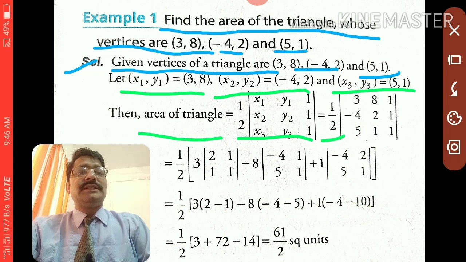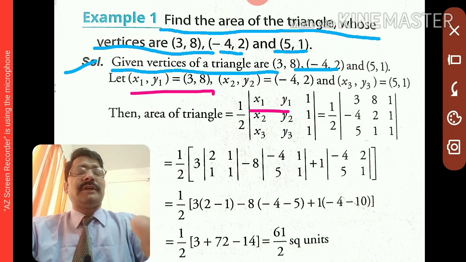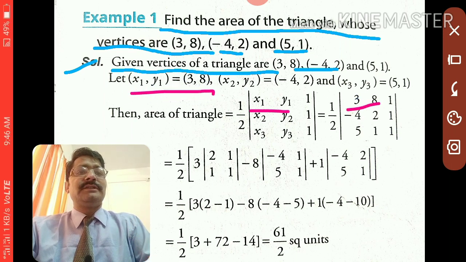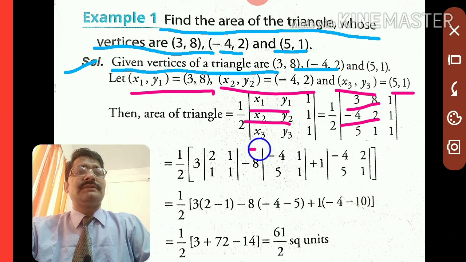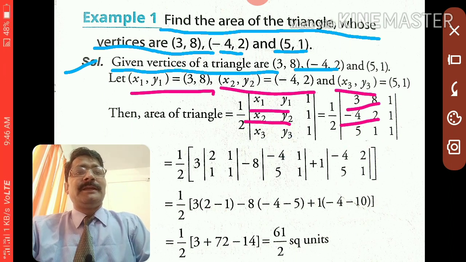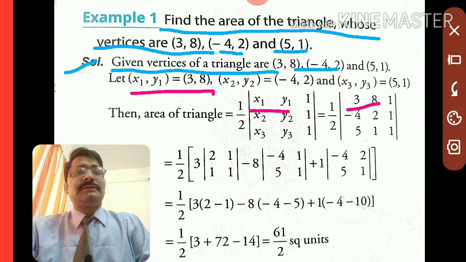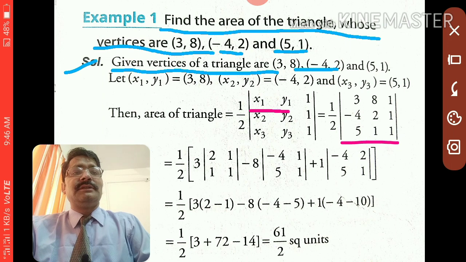The 1 upon 2 stays as it is, and x1 y1 we write as 3 and 8, x2 y2 we write as -4 and 2, and x3 y3 we write as 5 and 1. Then the 1 upon 2 will be outside, and you expand by the first row.